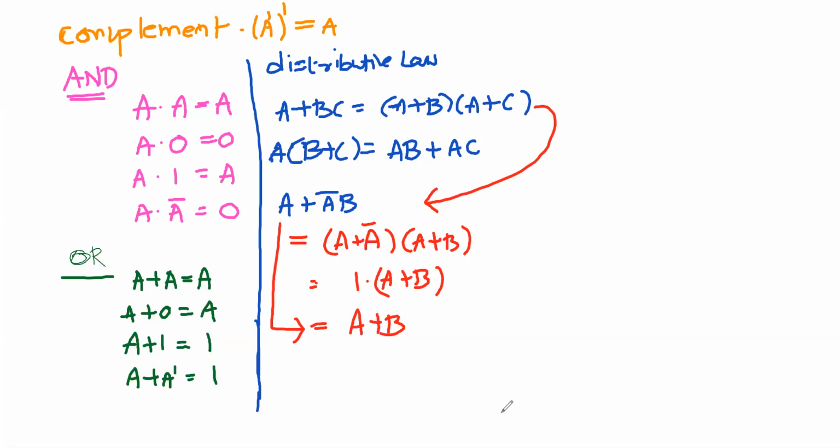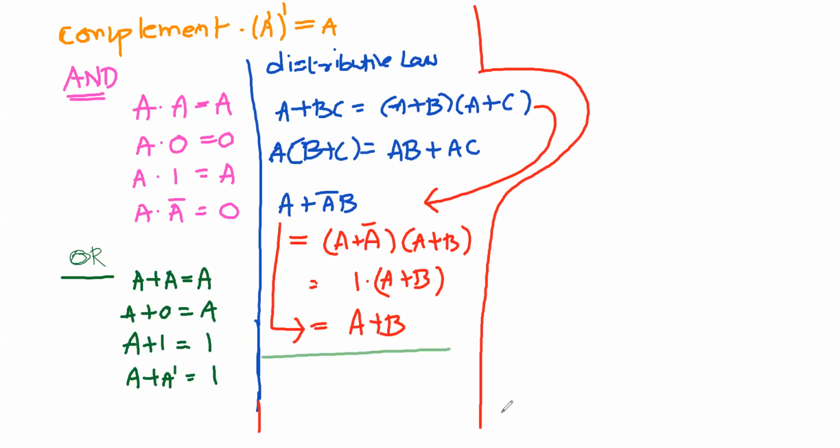Then we had De Morgan's law, isn't it? What was De Morgan's law? Who will say? Last class we have learned, right? A plus B whole complement is equal to A bar into B bar.